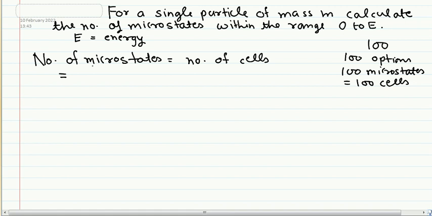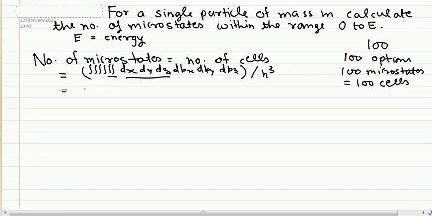And what is the number of cells? The number of cells is six integrations over dx, dy, dz, then dpx, dpy and dpz, and this whole divided by h cube. Now the three integrations over dx, dy, dz will give the ordinary volume.